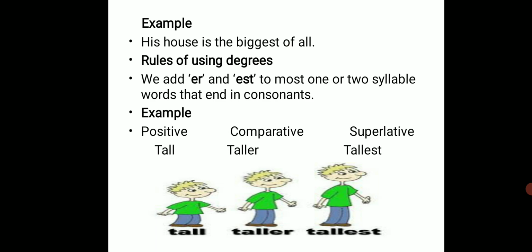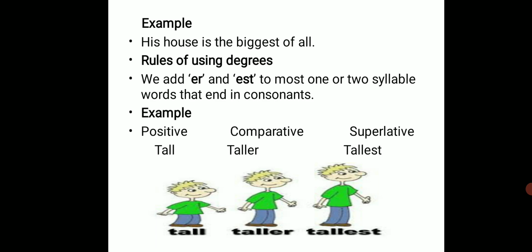In positive it is tall, taller, with er. Taller, we can say, is taller than any other boy in the class. So positive, he is a tall boy. In comparative, he is taller than any other boy in the class.